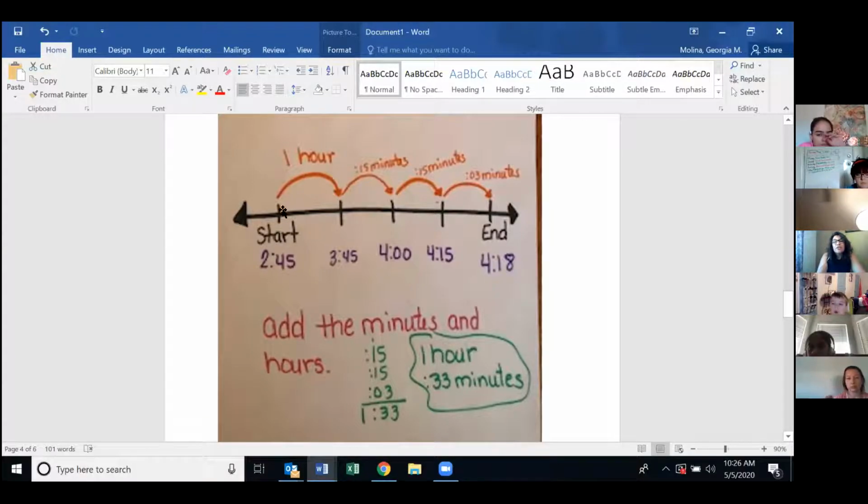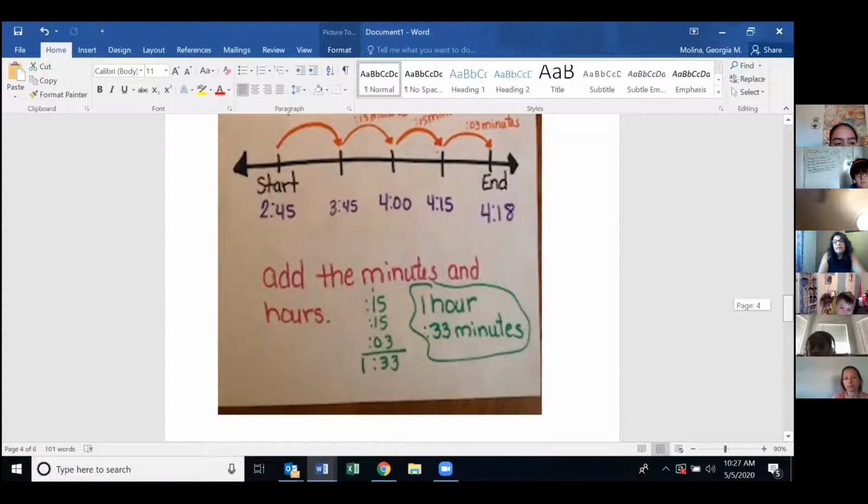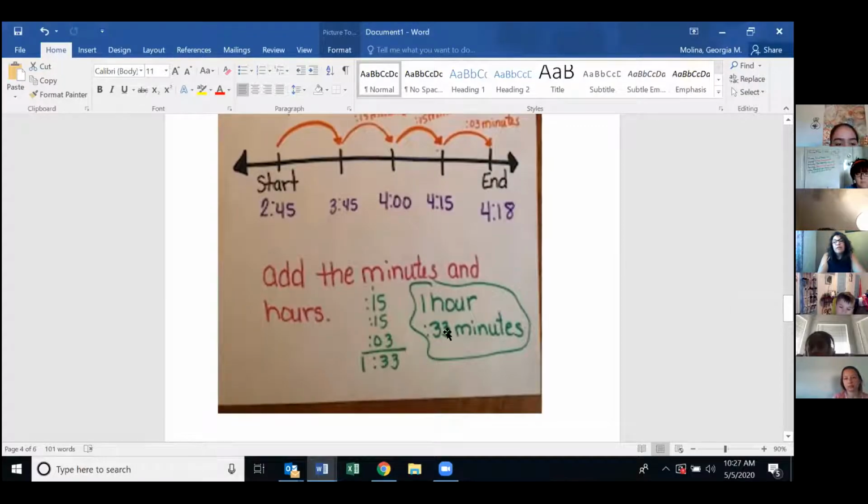If I decide to go by hours, I can go from 2:45 to 3:45, that's 1 hour. And then from 3:45 to 4, that's 15 minutes. And then 4 to 4:15, that's another 15 minutes. And then 4:15 to 4:18, that's 3 minutes. I would add my minutes, and I have them written down right there. And then I only had 1 hour. So it's 1 hour and 33 minutes.